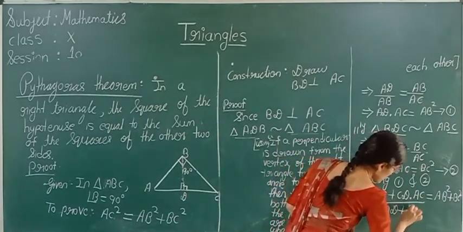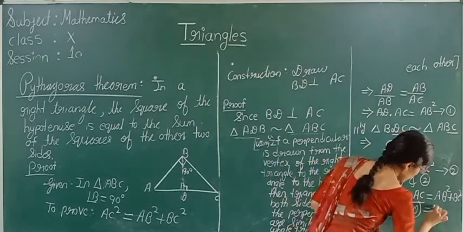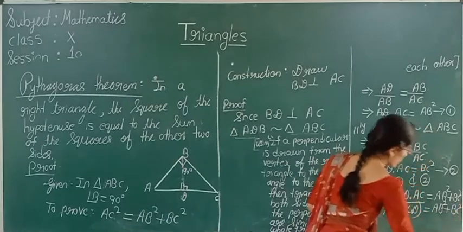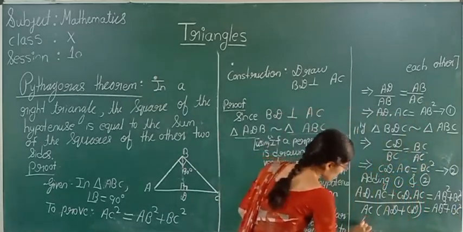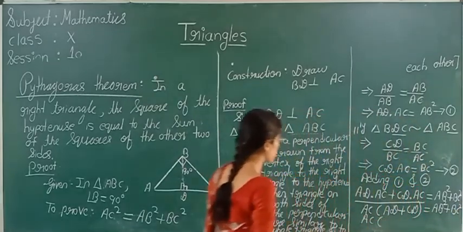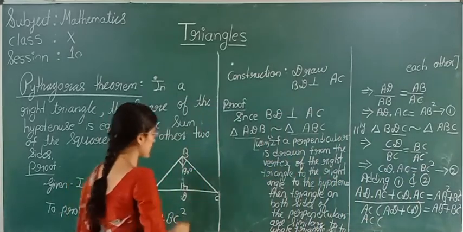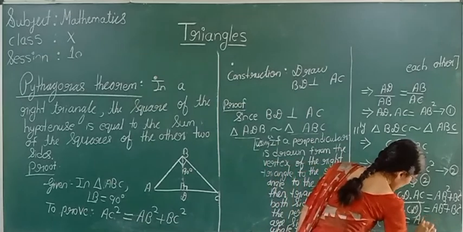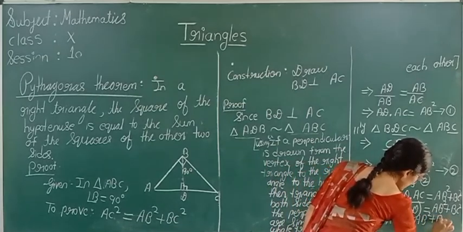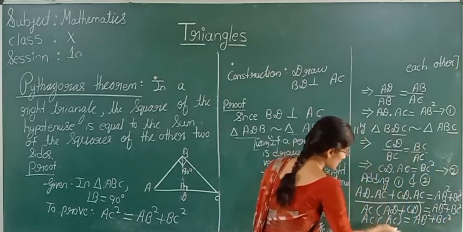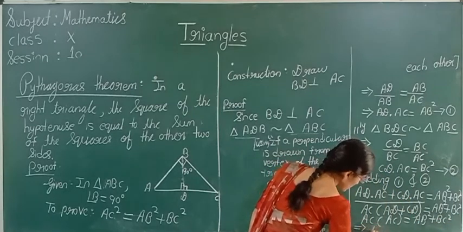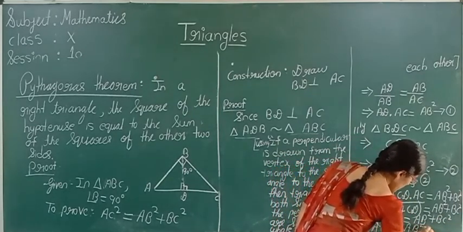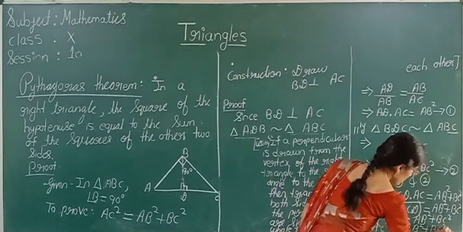AD plus CD, into AC, is equal to AB square plus BC square. Now see the figure. What is AD plus CD? AD plus CD is nothing but AC. So AC into AC is nothing but AC square, equal to AB square plus BC square.